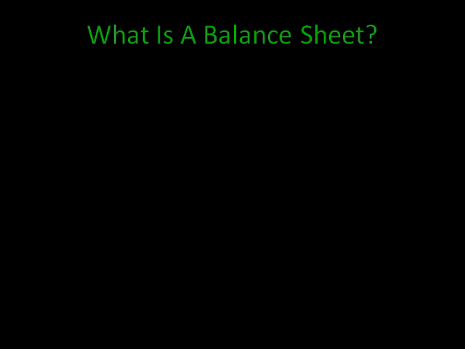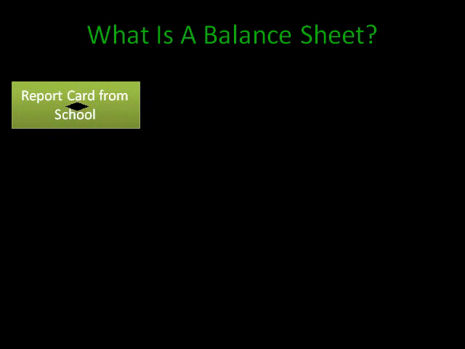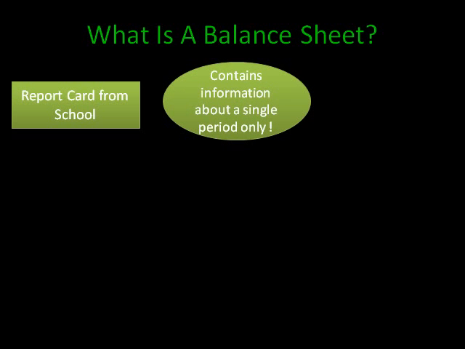Let's take the analogy of a mark sheet or a report card that we receive in our school days, and then let's compare it with balance sheets and income statements. Notice that a report card pertains to one particular period only. You get a mark sheet for semester 1 and then for year 1 and so on.